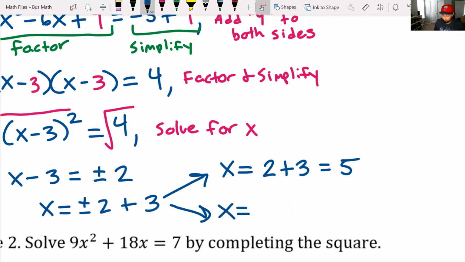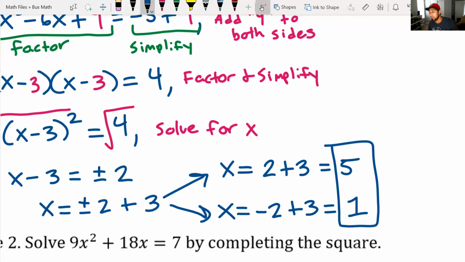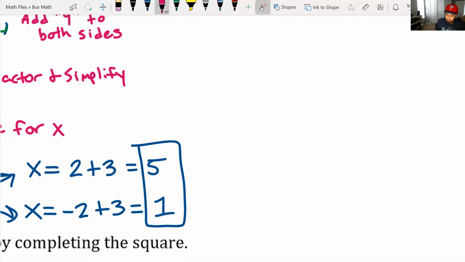The second answer, negative 2 plus 3 gives me 1. Here are the answers. There's our x values. And I said to notate our answers as fancy brace 5, 1.